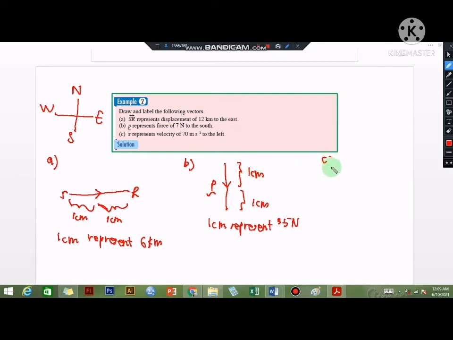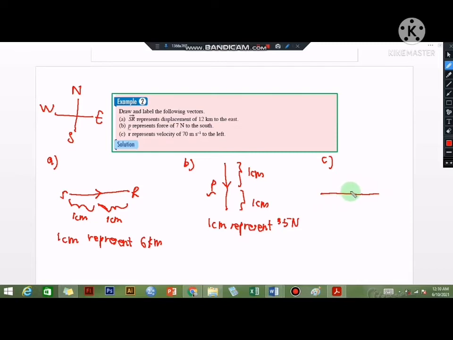Now look at C. Vector R represents a velocity of 70 meters per second to the left. To the left means it moves to the left, like this.